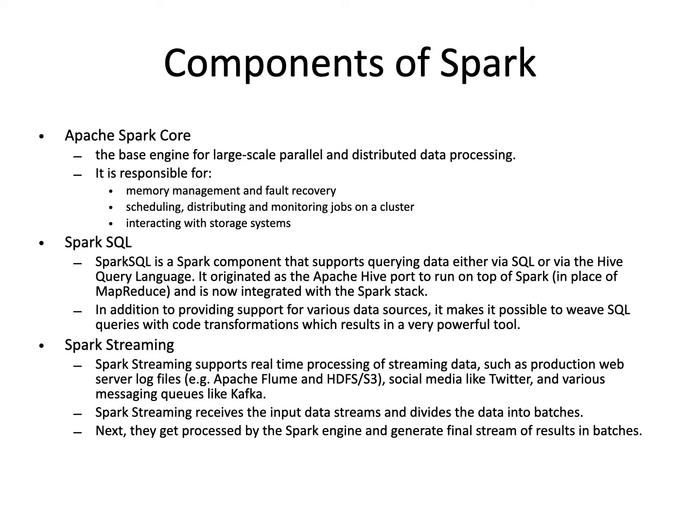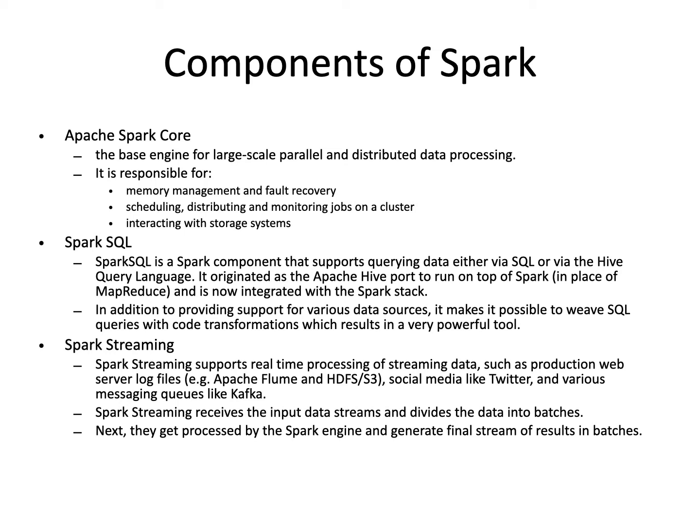So another important component is Spark Streaming. It supports real-time processing of streaming data, such as production web servers, log files like Apache Flume and HDFS, S3, and social media like Twitter, and various messaging queues like Kafka.